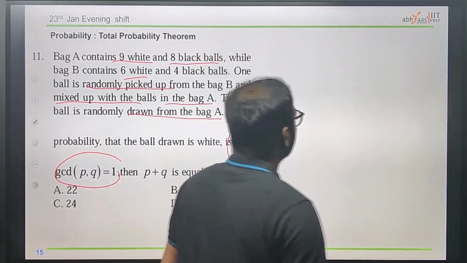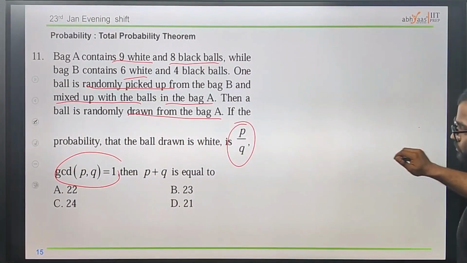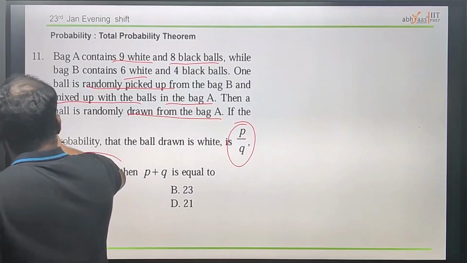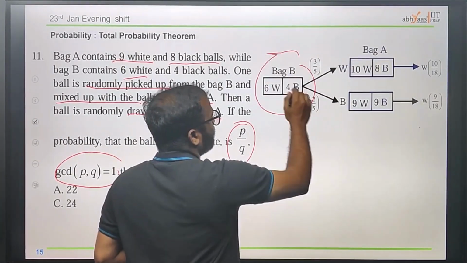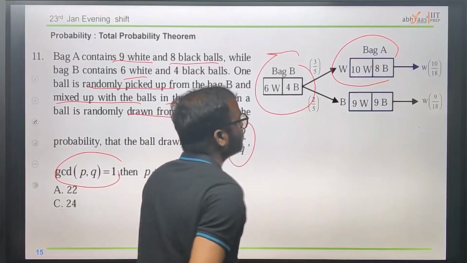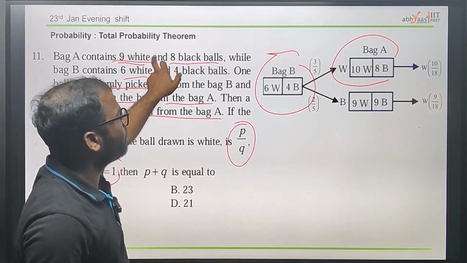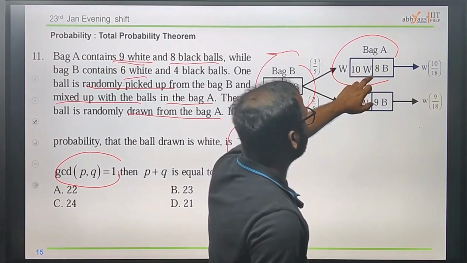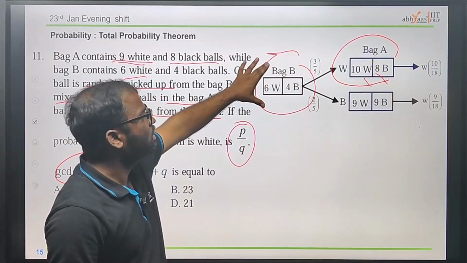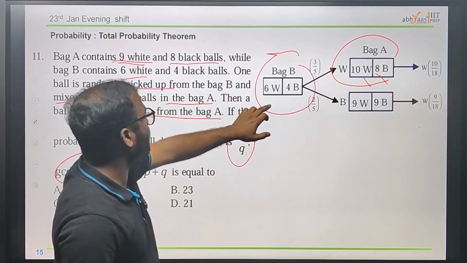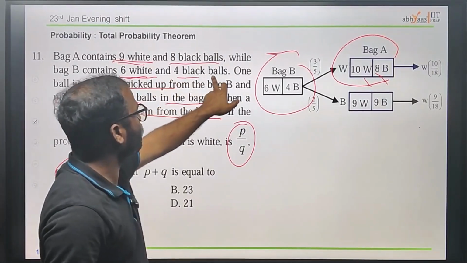I will show the diagram. In bag A we have 9 white balls; if a ball is picked from bag B, it may have 10 white balls or 9 white balls. First, in bag B we have 6 white balls and 4 black balls.